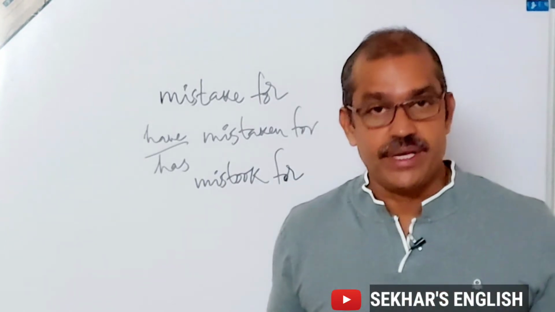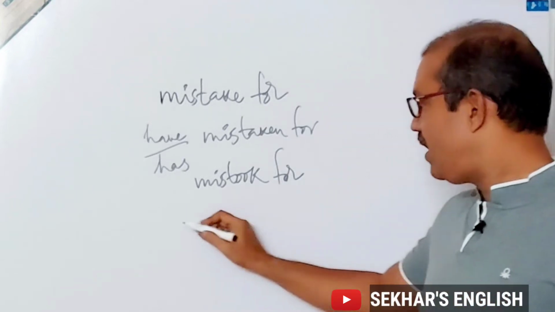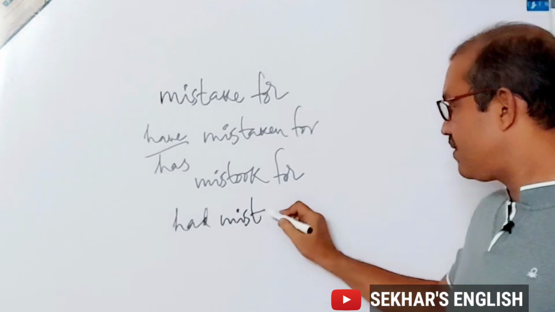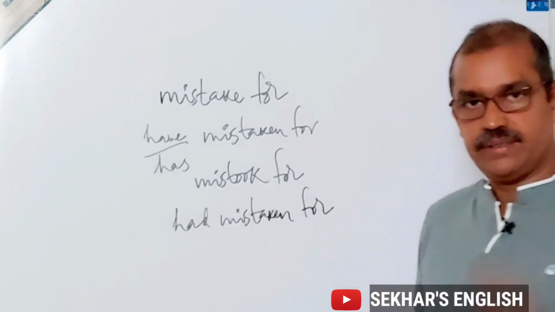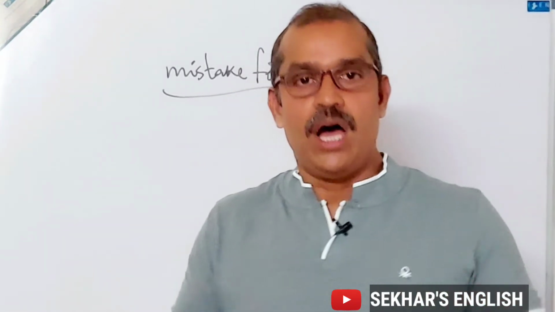If you want to express in past perfect tense, then had mistaken for. Right? Friends, if we go through some examples, we can understand this structure, how to use it in our daily conversation.